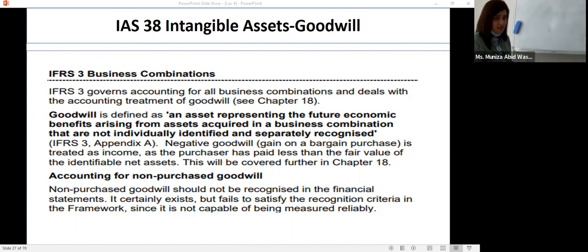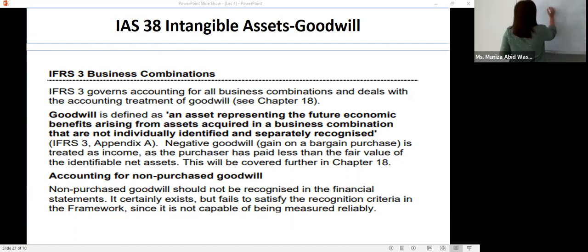Very good. It's the basic concept. Although he's not able to tell the full formula, the basic concept is that when we are purchasing a particular running business and we are paying more than its net assets, it means that the more amount which we are paying is because of the goodwill of the business.